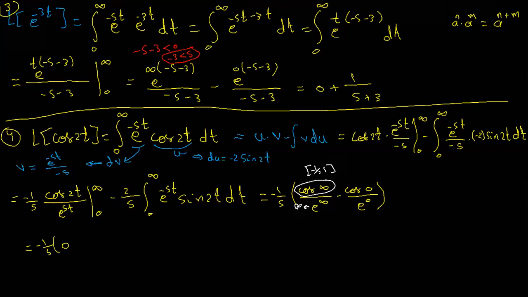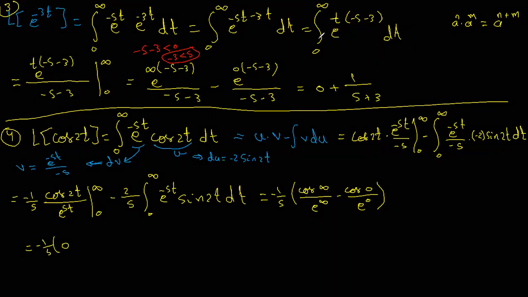So you have a number between -1 and 1 divided by infinity, so you have a number divided by infinity, it's 0. Okay, great. What about this one? Cosine 0 divided by e to the 0. Do you know cosine 0? 1. 1 divided by 1. Okay.